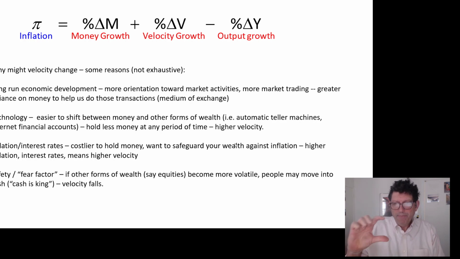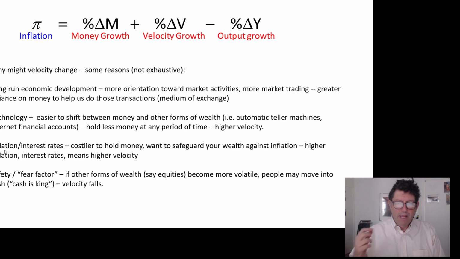I can use each unit of cash more intensively, moving more rapidly between transactions. People won't be holding so much in their wallet. Higher velocity. So more automatic teller machines has tended to mean higher velocity.